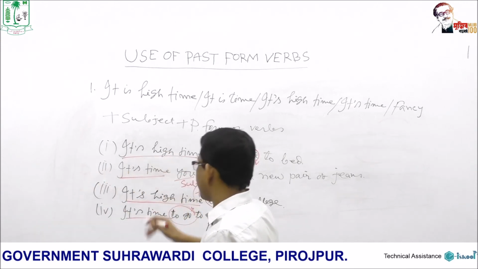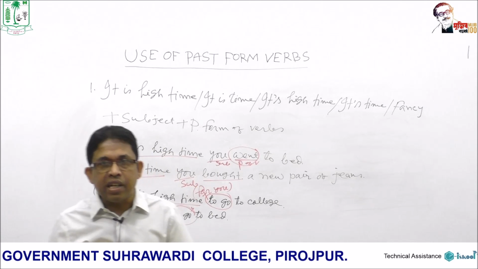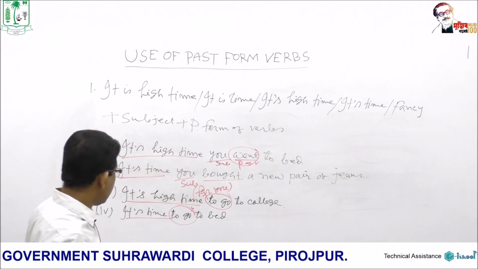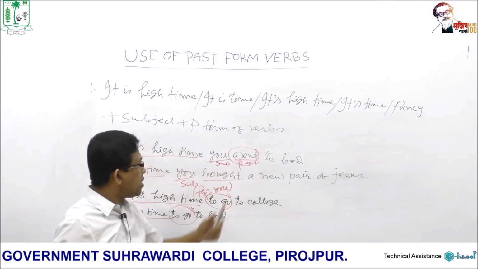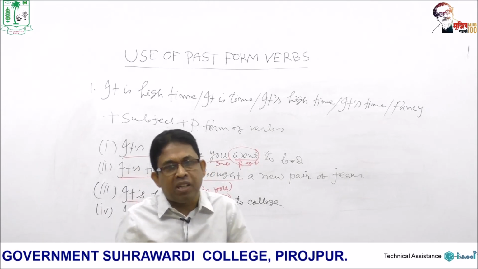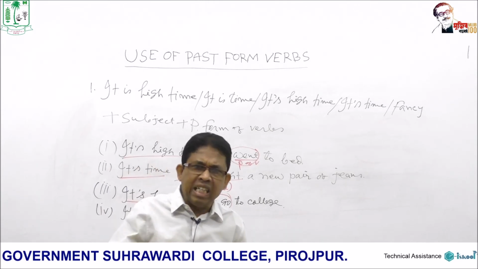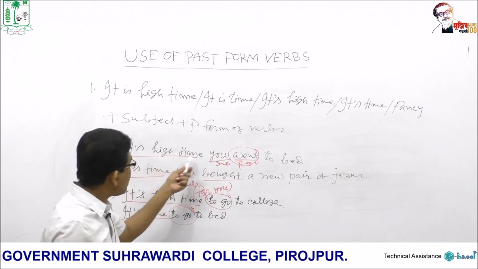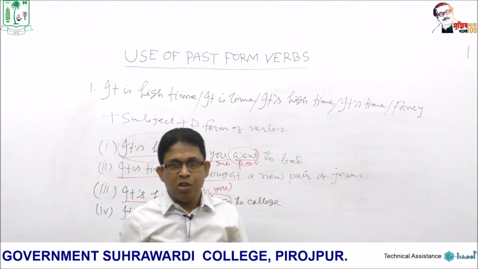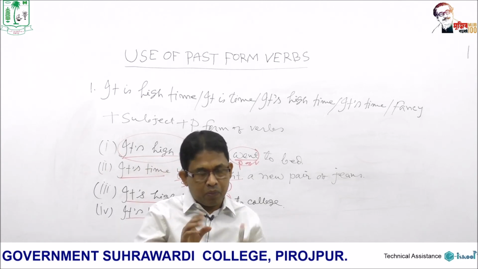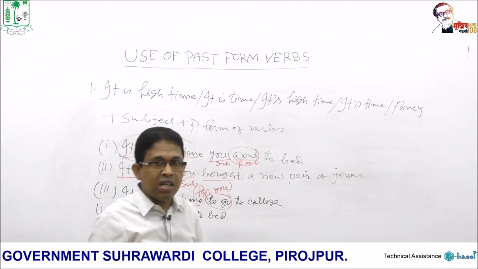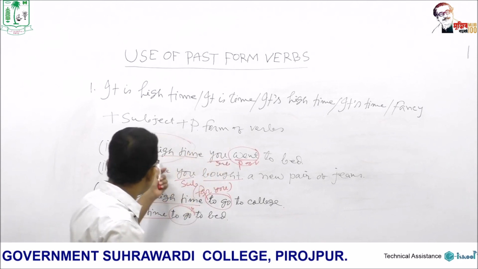So we are actually getting 2 rules here. Anyway, dear students, now there is a minute difference between it's high time and it's time. It's high time you went to bed means that it expresses something that should be done, and we are already a bit late. That is, you are already late, so please don't waste any time. You go to bed without any delay, because you are already late when there is it's high time.